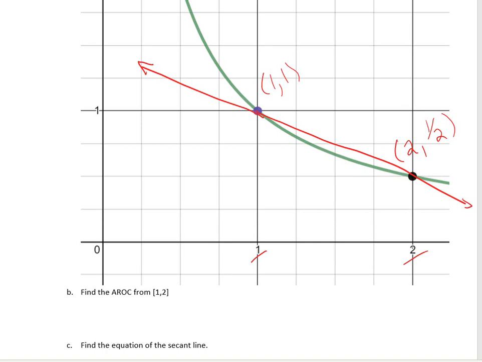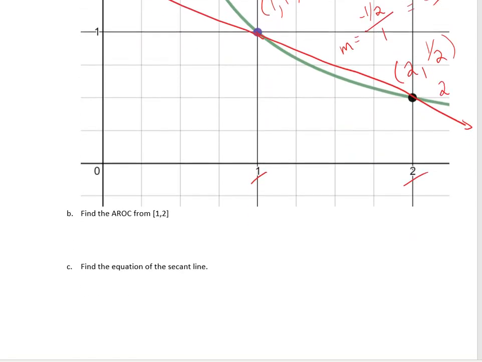Also, slope is rise over run, so if we look at this, we go 1 over and half down. So the slope is going to be, let's see, rise, we go down half a unit, so that's negative 1 half, divided by our run, which is 1. So our slope is going to be negative 1 half.